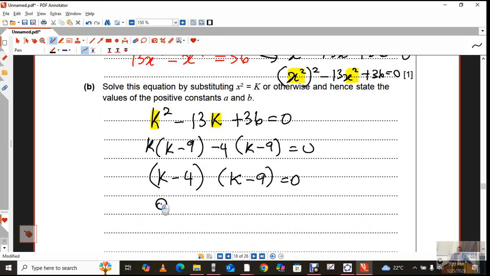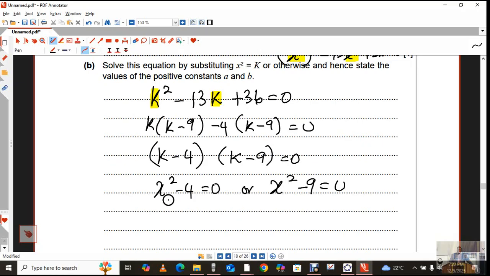So I'm going to have x squared minus 4 equal to 0, or x squared minus 9 equals 0. Now, I need to find the values of x, so x squared is equal to 4, or x squared is equal to 9.